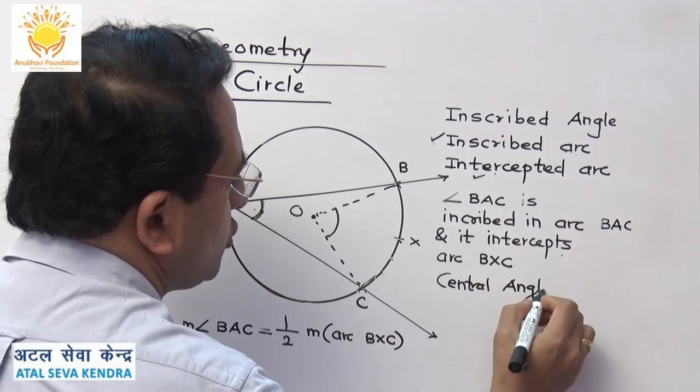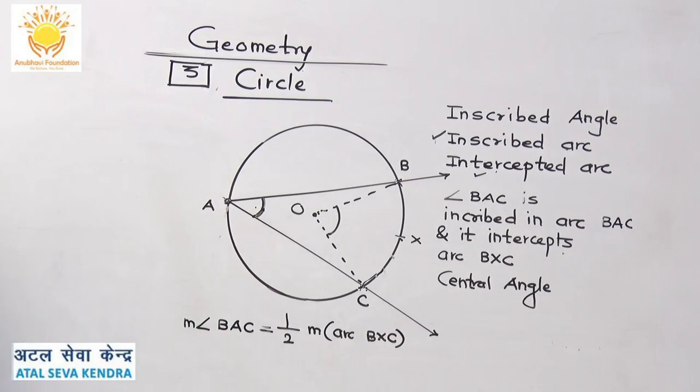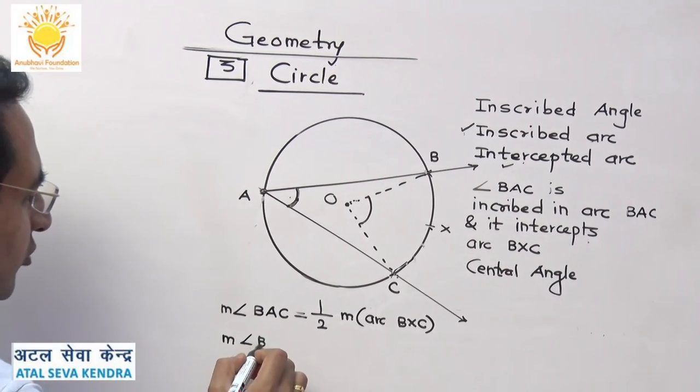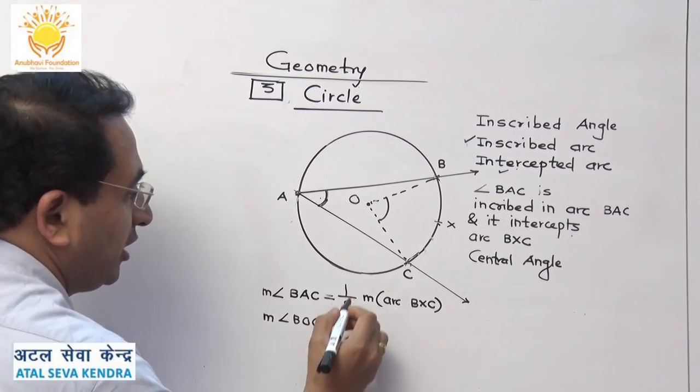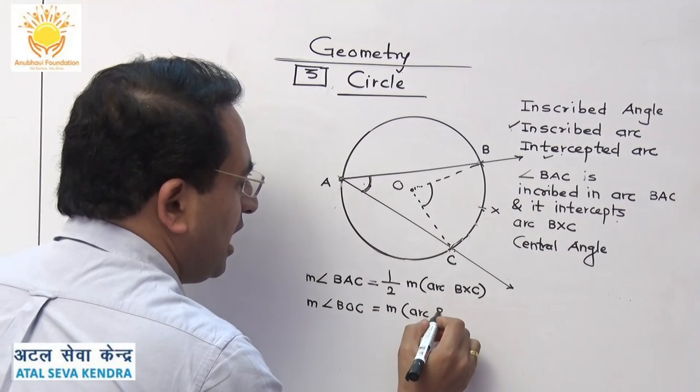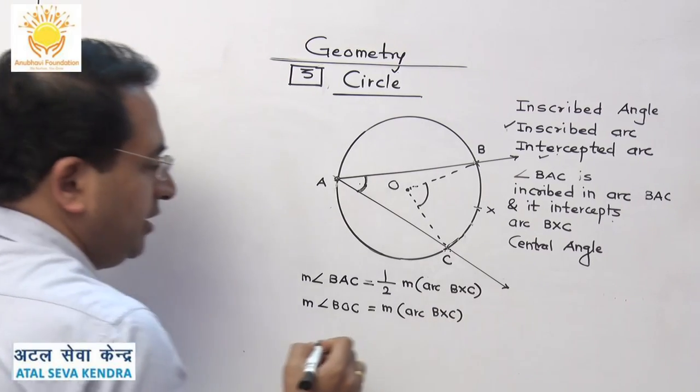The measure of angle BOC is not half now; it is the same as the measure of arc BXC.